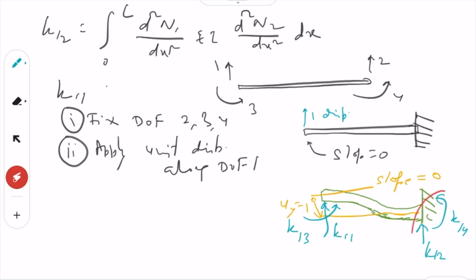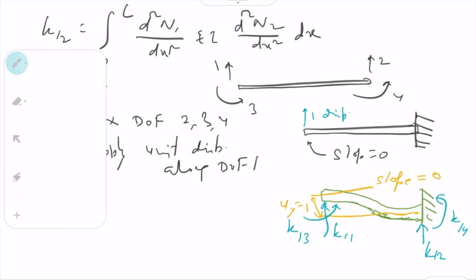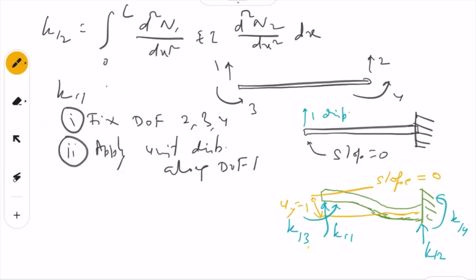These are the reaction forces produced because of this displacement while maintaining all the boundary conditions, meaning there is no displacement along degrees of freedom 2, 3, 4. So remember, all these are reaction forces.